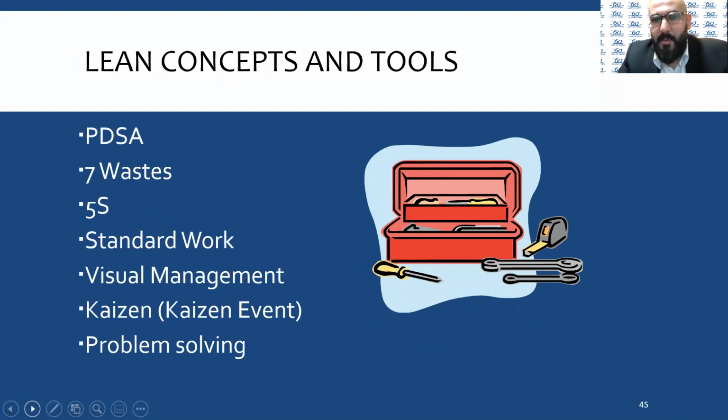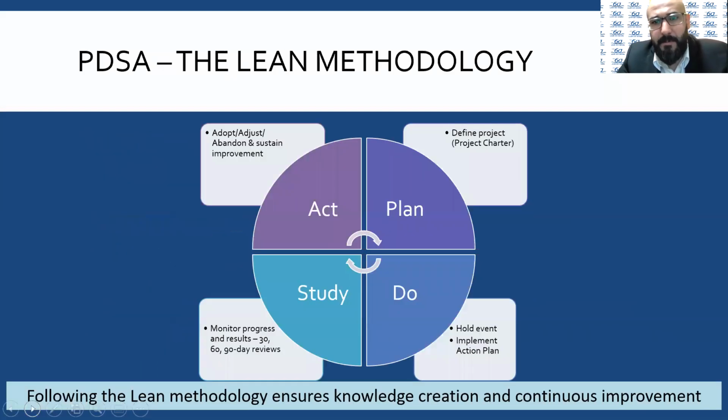Some of the concepts that we will be talking about in this chapter are the PDSA cycle, which is also known as the Deming cycle, the 7 ways, 5S, standard work, visual management, KAIZEN and KAIZEN event, and problem solving, which is what we are talking about in this chapter.